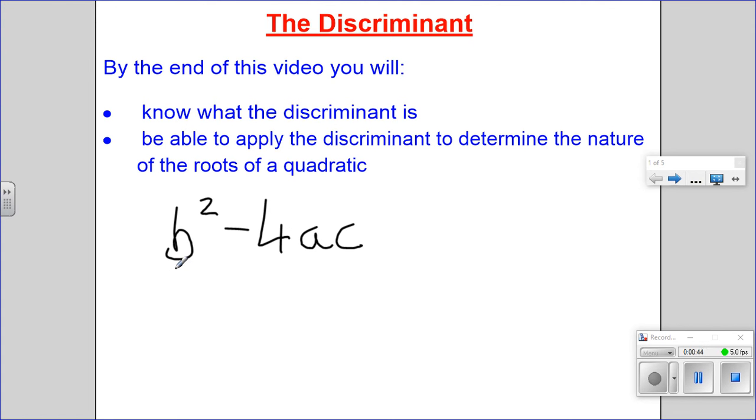Now we know already that you can't take the square root of a negative number, so if this became negative, it's going to tell us something very specific about our graph. If this number is 0, it's going to tell us something specific about our graph. And because we've already worked with examples where this is more than 0, you can see that you get two separate, distinct roots. So let's just take a look.